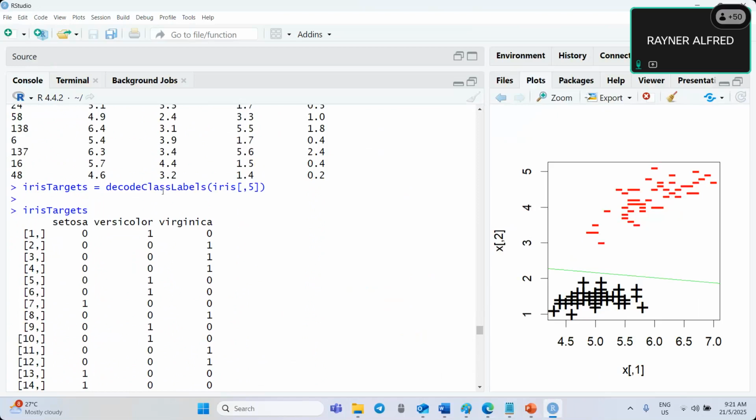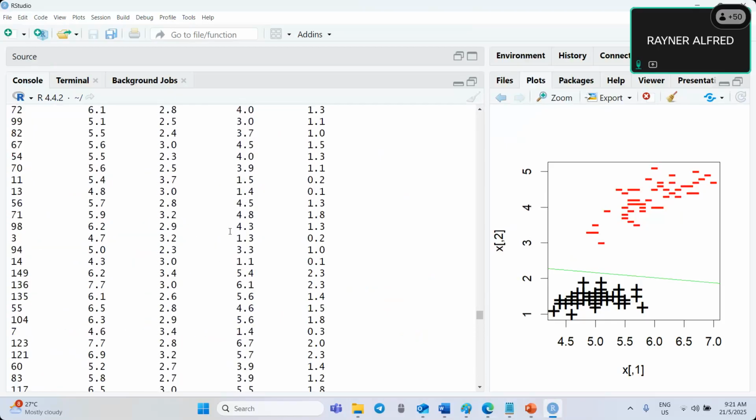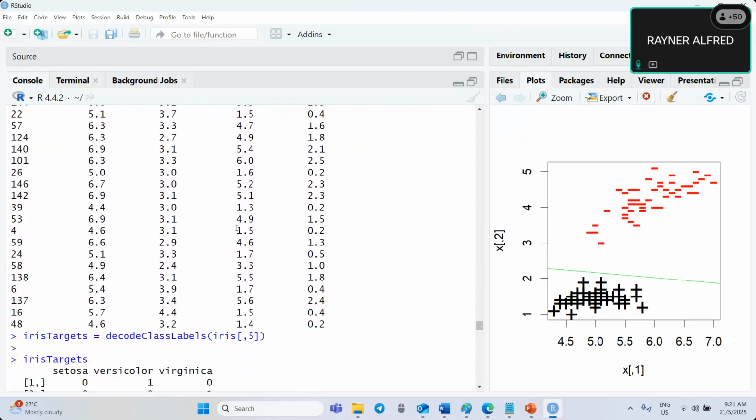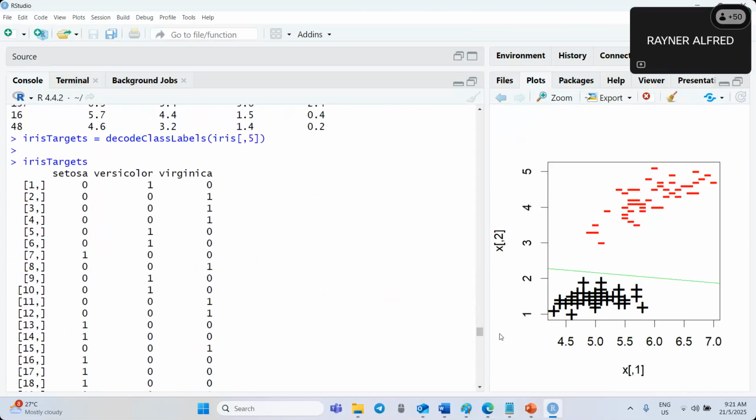So this is the decoded class label. What happens is that for the output, we will have 3 outputs. One is for Setosa, one is for Versicolor, and one is for Virginica. So depending on which one is turned on, that will be the class of your input. Okay. So what we want to do is combine your input and your output here for the multi-layer perceptron.